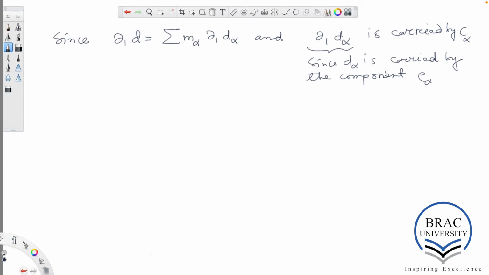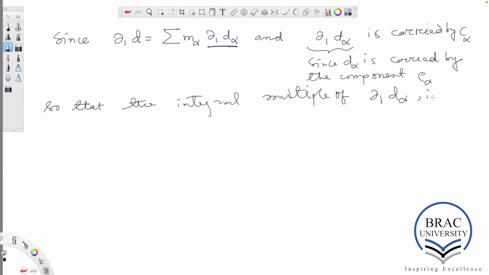Okay, so the integral multiple of delta 1 d alpha, that is m alpha delta 1 d alpha, is also carried by C alpha.